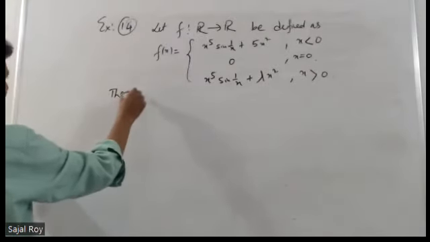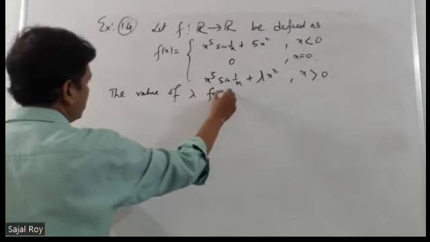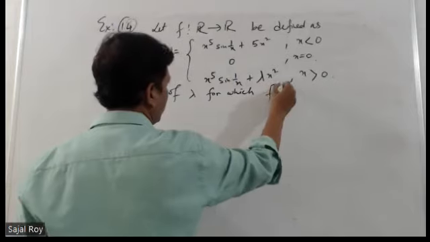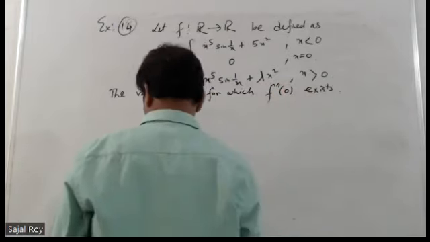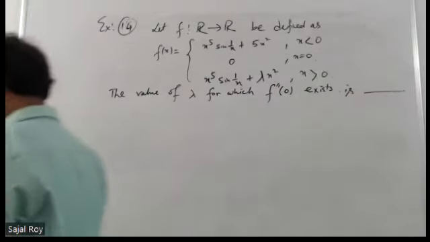The value of lambda for which f double dash 0 exists is, let it be integer type.